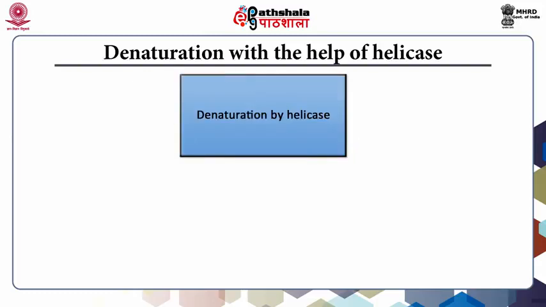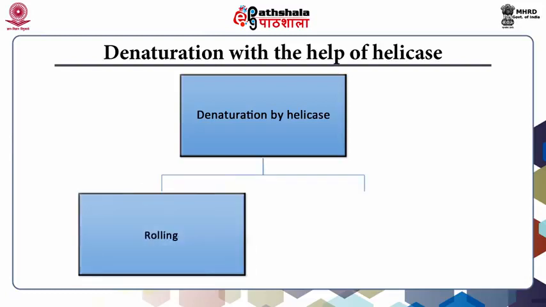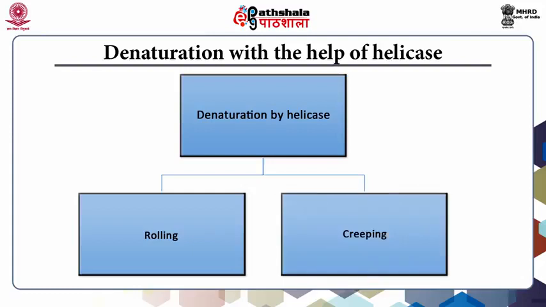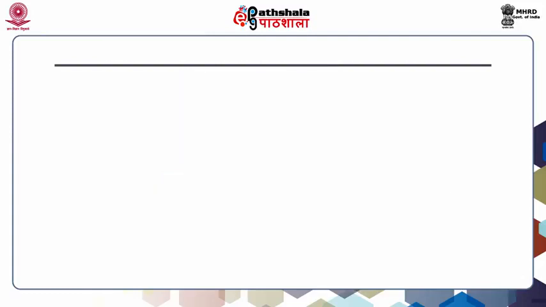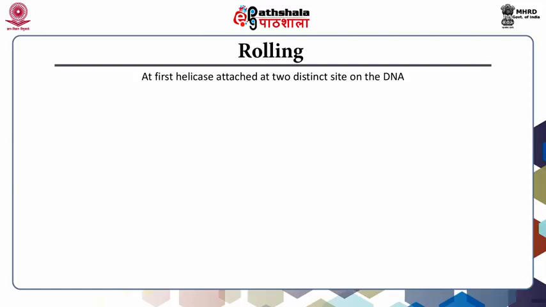The denaturation by helicase can be seen by two different mechanisms. One is called rolling mechanism and another is called creeping mechanism. In case of rolling mechanism, at first the helicase is attached at two distinct sites on the DNA, followed by incorporation of an ATP at the attachment site.